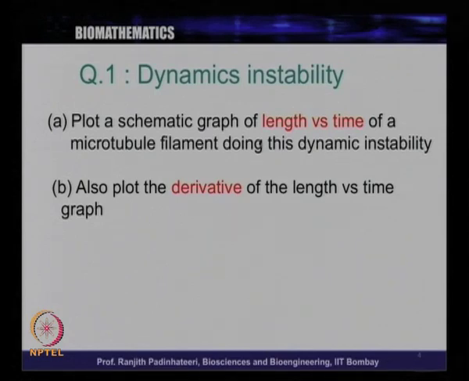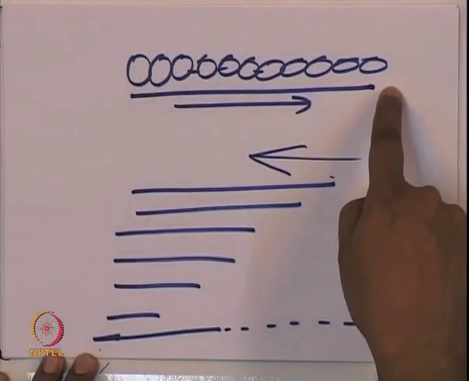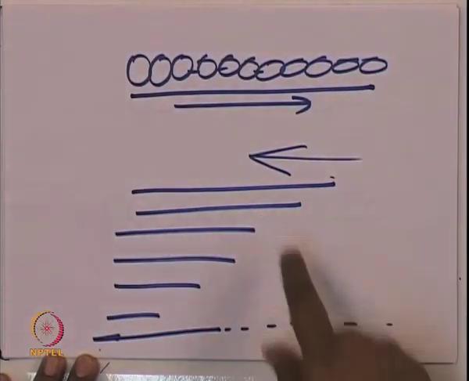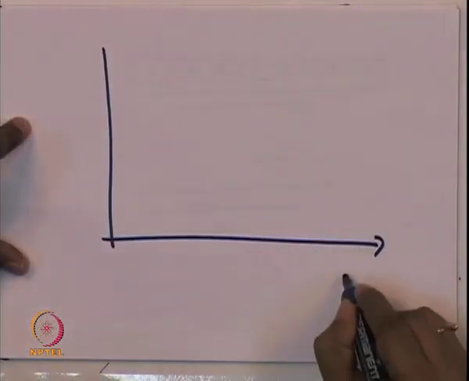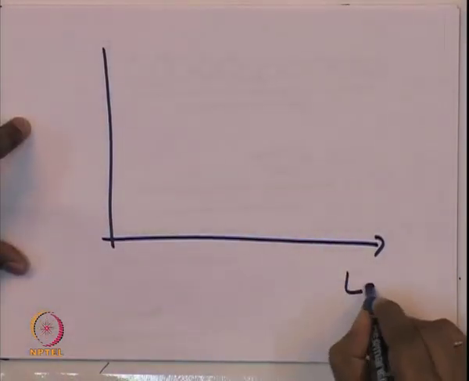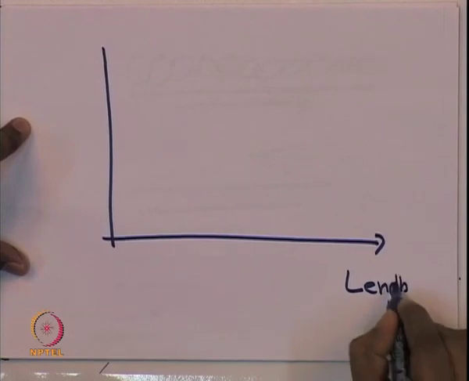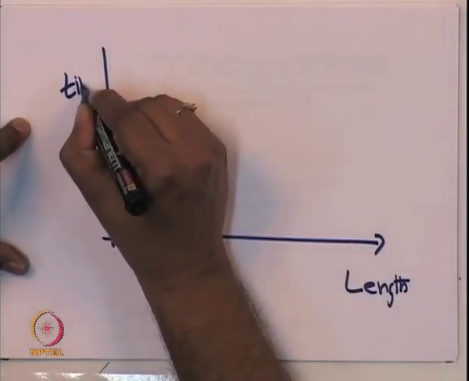Can you plot length versus time of a microtubule? From this description, you know that the length increases then decreases, increases, decreases. So, what we need is to plot length versus time.